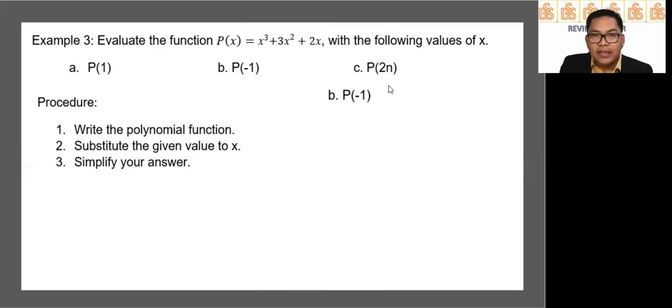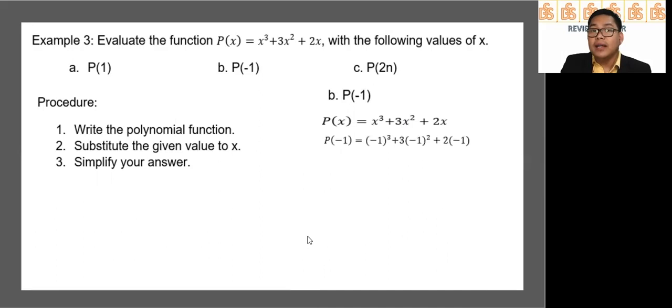So again, write the polynomial function, and the function is p of x equals x cubed plus 3x squared plus 2x. Since the given value of x is negative 1, all x here will be replaced by negative 1.